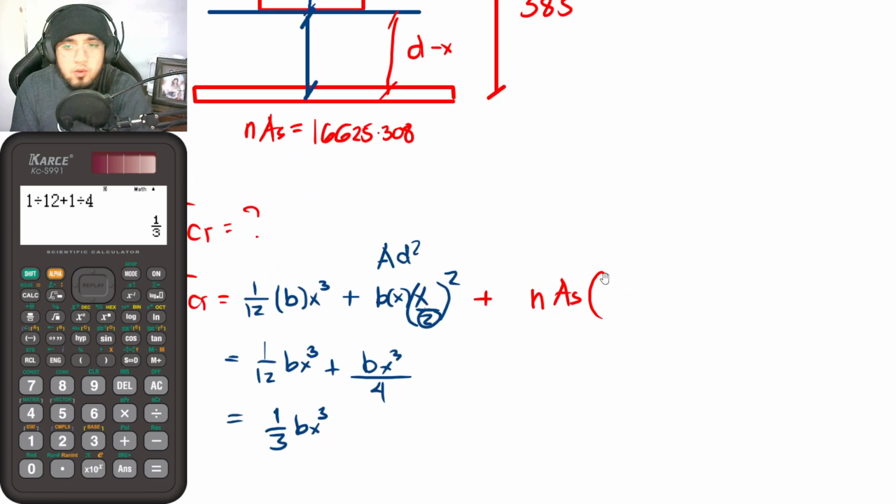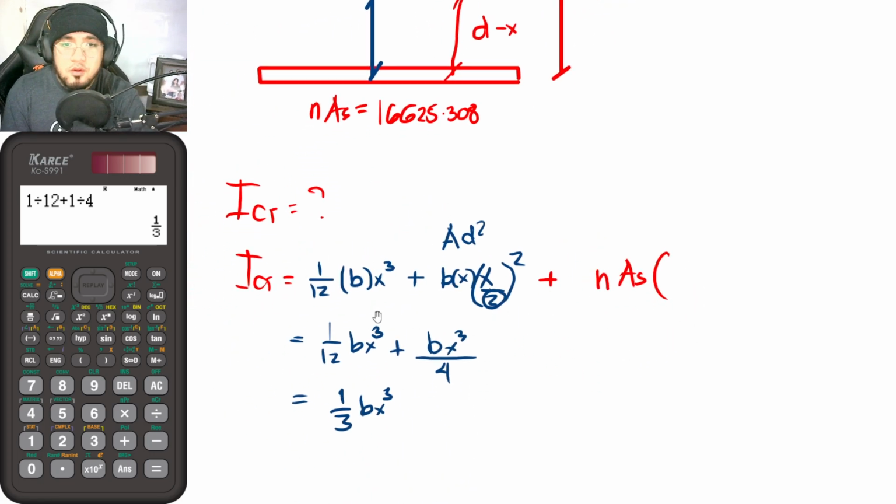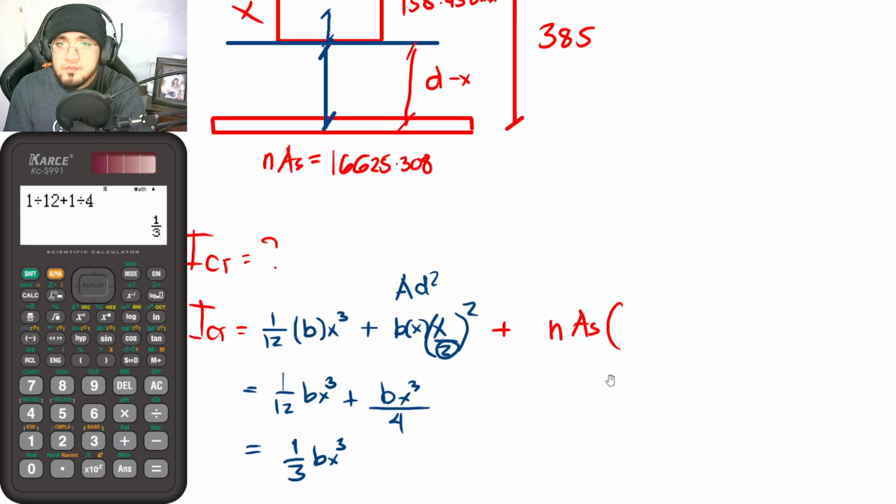But I just want to derive our equation here, so that if you do not want to memorize this particular equation, you can memorize a much shorter one. So from that, this is D minus x squared. Okay, so this is now our formula for the cracked moment of inertia.